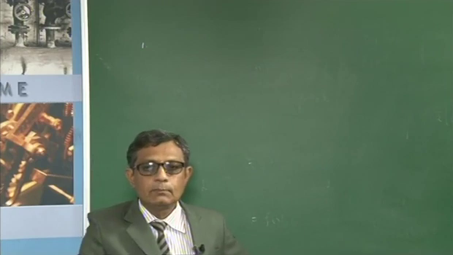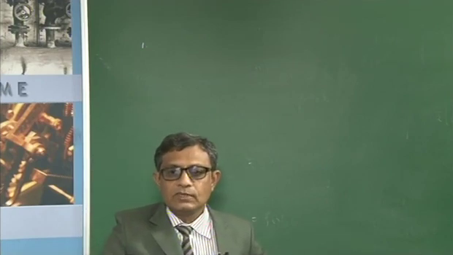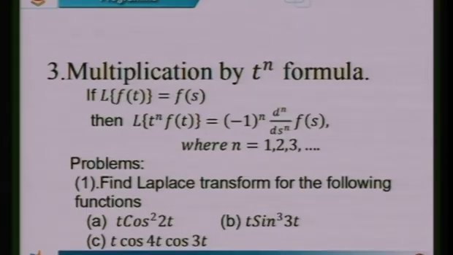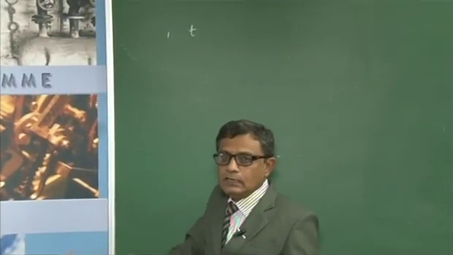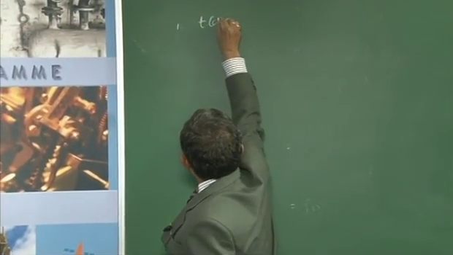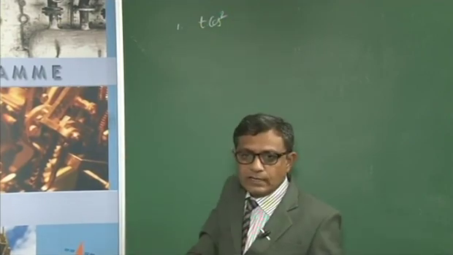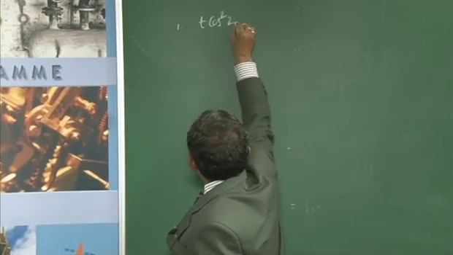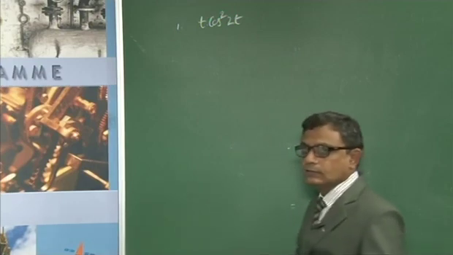Find the Laplace transform for the following functions: t cos square 2t, t into sin cube 3t, t into cos 4t cos 3t. Yes, we will do the first one, t into cos square 2t. This is the first example.